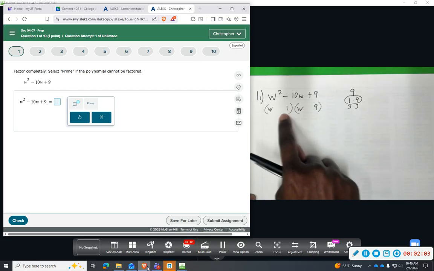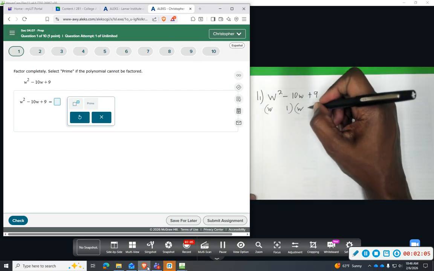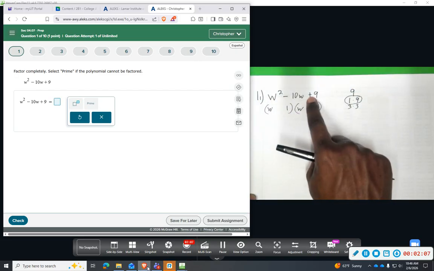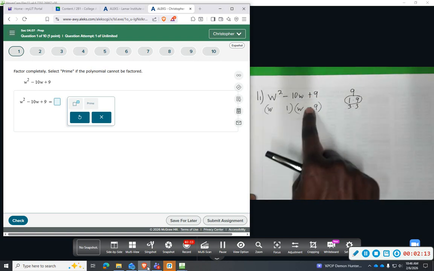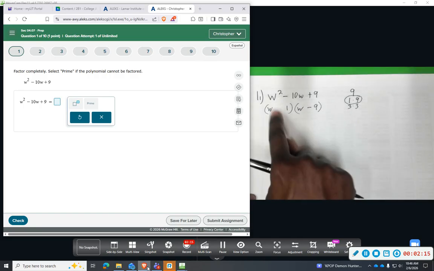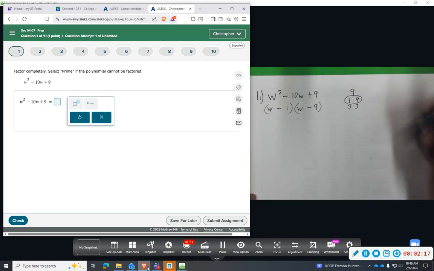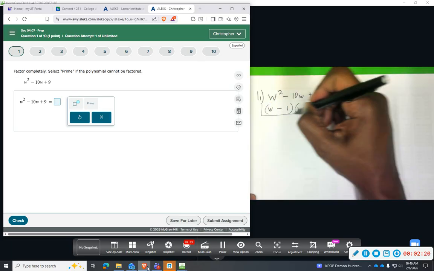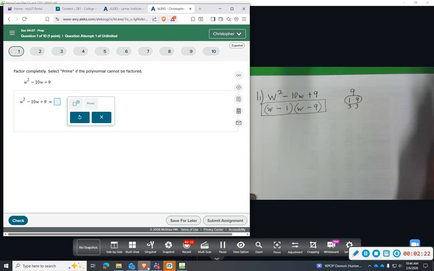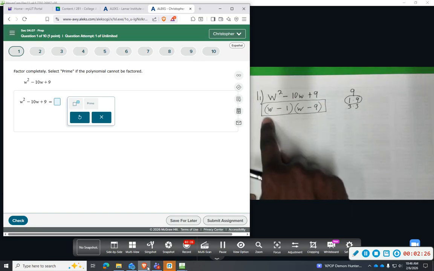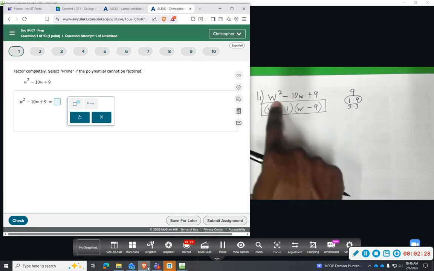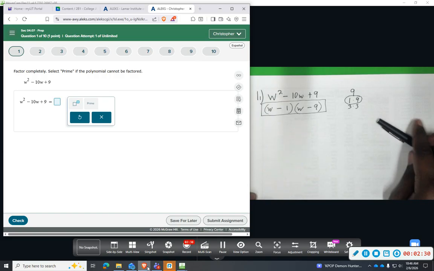Out of 1 and 9, 9 is bigger, so that lets you know the 9 is negative. The second sign going left to right, positive means same, negative means different. So positive tells you these are going to have the same sign. So if one is negative, the other one also has to be negative. So here is this equation factored completely. You can also use FOIL and multiply it back together to check and verify that you get what you started with.